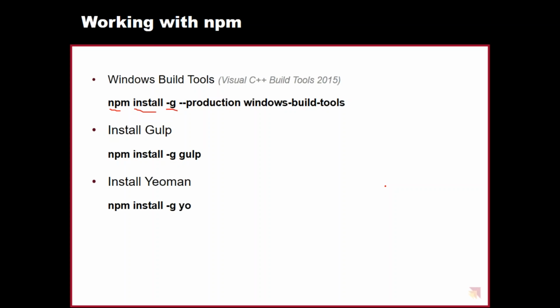Now, Yeoman, think of it as a templating engine so that anybody can create a template that defines the starting point of a project, and they can define these templates under the Yeoman format. Then they're able to upload their templates.